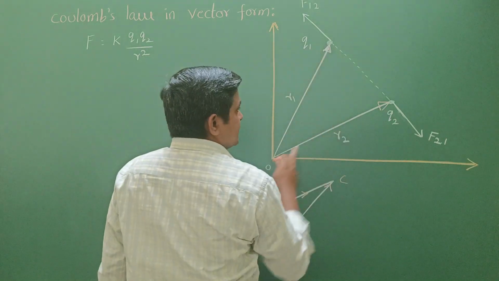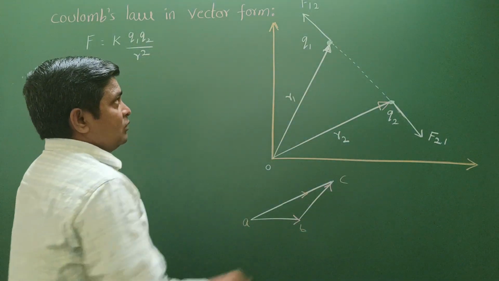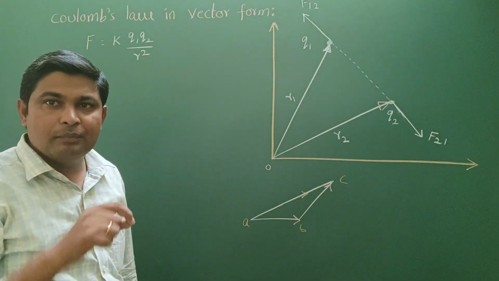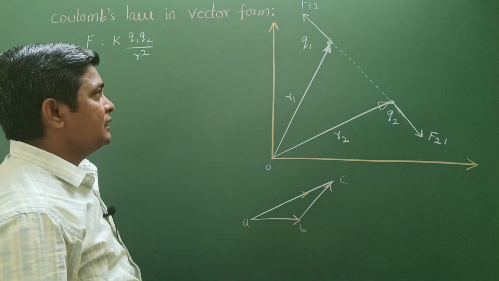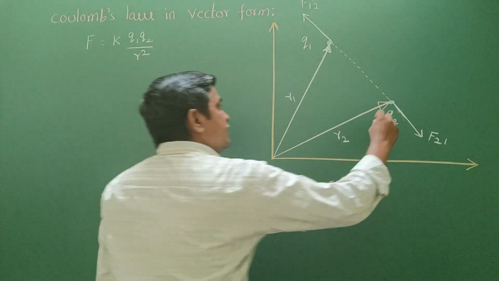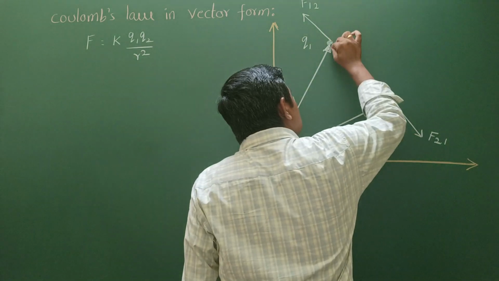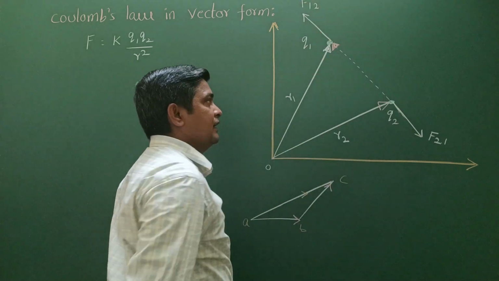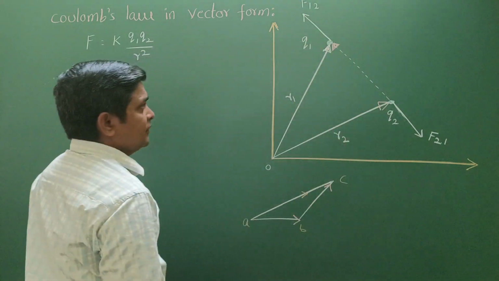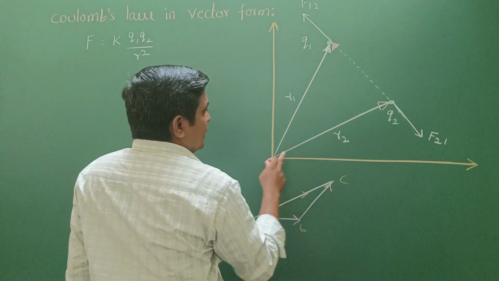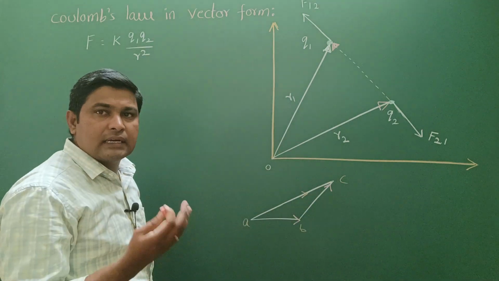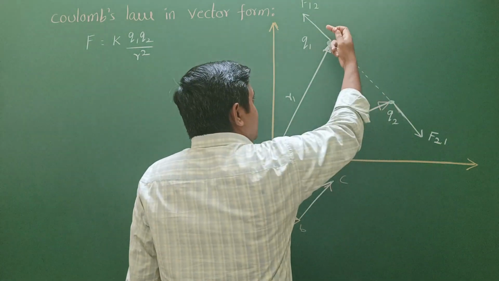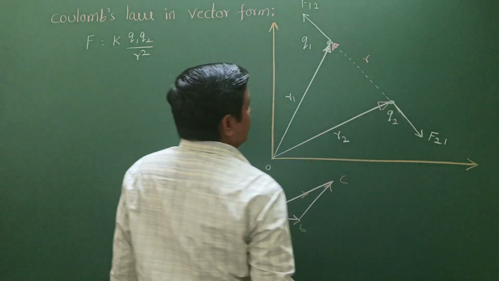Similarly, you can understand this. This is r1, this is r2. Whenever you are talking about the force on charge 1 by the second charge, what is going to be the distance between those two charges? It will be in this direction, the direction in which the force is acting. Then what is the resultant from this triangle? Which two vectors are continuous in the same direction?